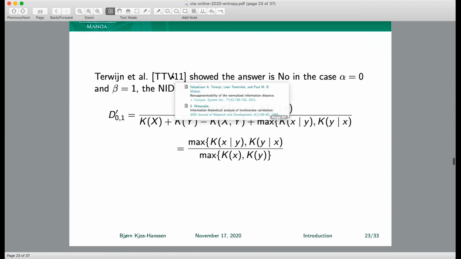Thanks for coming. And Vitányi. And they showed that this is not an upper or lower approximable function in the case that they looked at, which is the normalized information distance. So alpha is 0 and beta is 1.